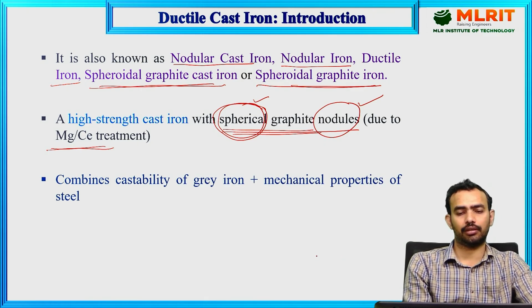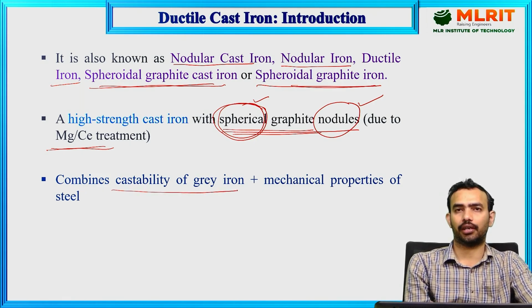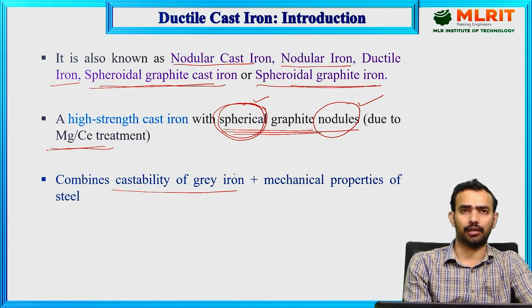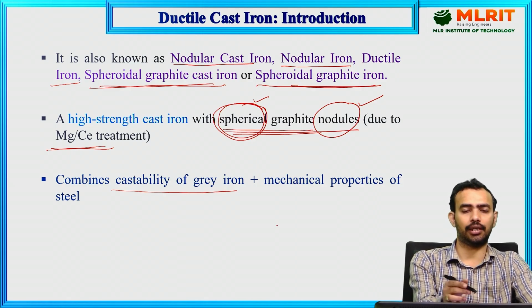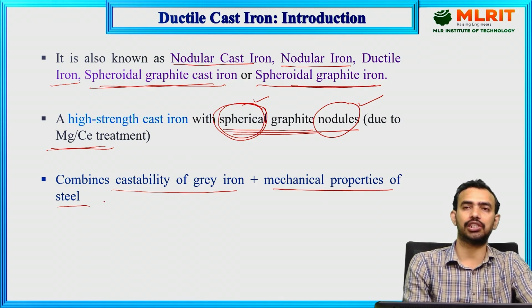So this ductile iron combines the good properties of grey cast iron. We have seen that grey cast iron has excellent castability because of its good fluidity characteristics and low melting point. Ductile iron combines the good castability of grey iron and the mechanical properties of steel.